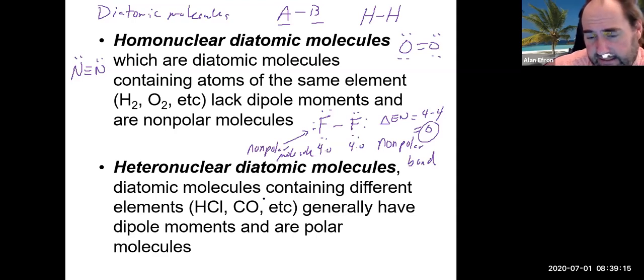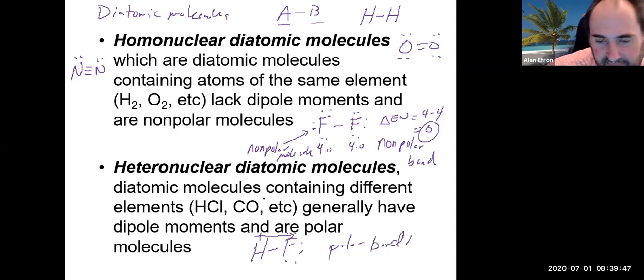Now, if you look at something where we have two different atoms, or elements, we know that when we take the difference in electronegativity, it's something like 4 and 2.1, so about a 1.9 difference. We know that this bond is a polar bond, heading towards the fluorine.